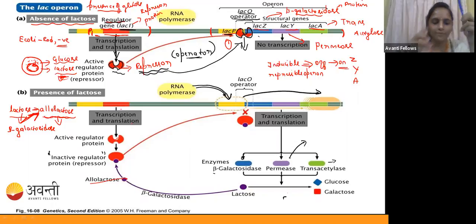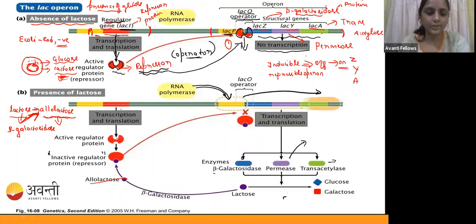So the polymerase is inhibited here only. It is not going to move from here. After that, the structural genes are present, so transcription is not going to take place, because the RNA polymerase cannot move through.